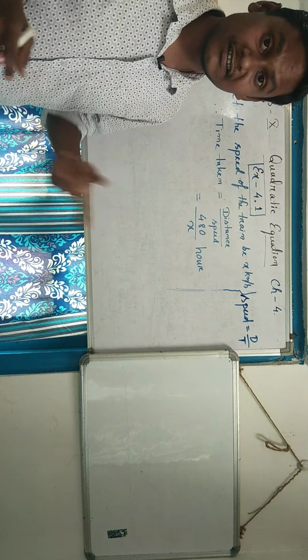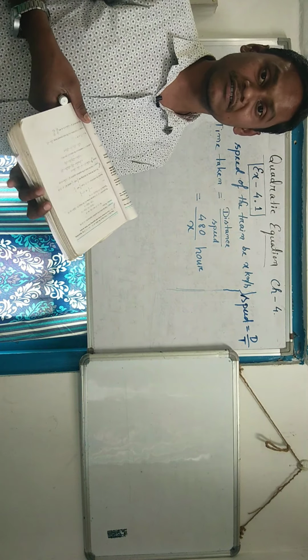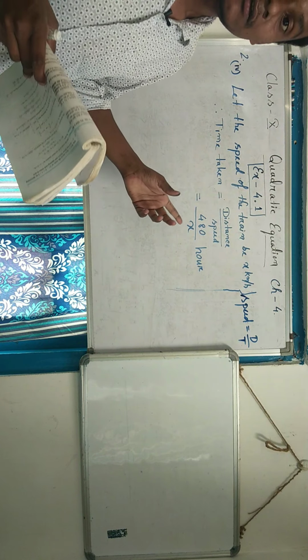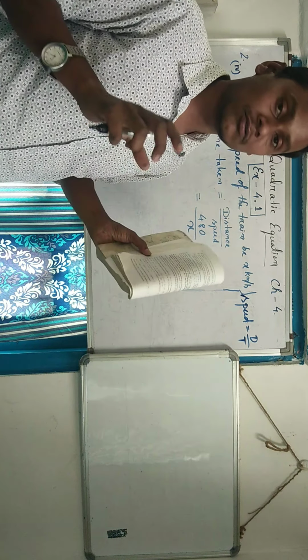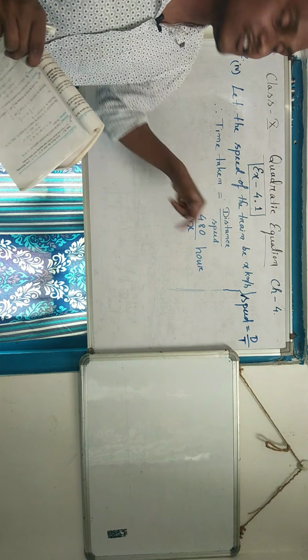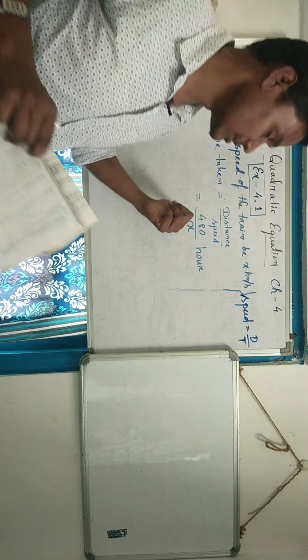Because in the second case, the question clearly talks about time: if the speed is reduced, the train will need 3 hours more. That's why I have calculated the original time, if the speed is x kilometer.